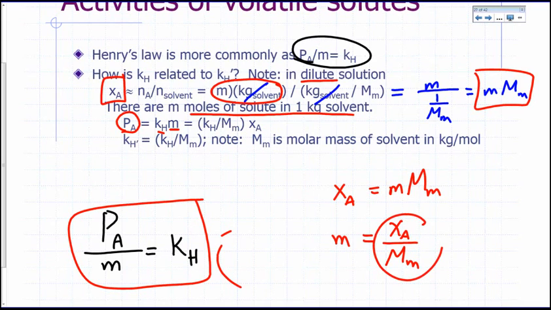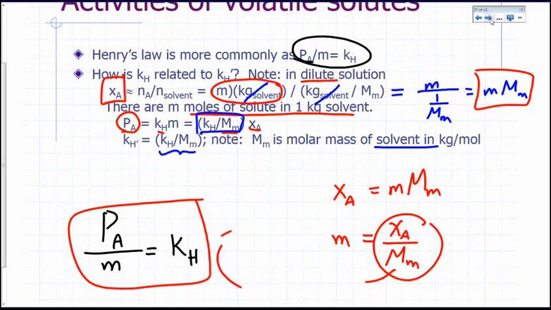I'm going to substitute this for molality over here. And so I get K sub H times molality, which is X of A divided by molar mass of the solvent. So you can see here then that K sub H over molar mass of solvent is just KH prime. That's how it's related. So if you can look up the value of K sub H, then you can convert it to K sub H prime by just dividing it by the molar mass of the solvent in kilograms per mole.